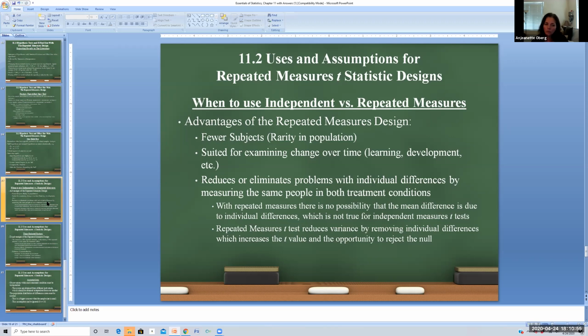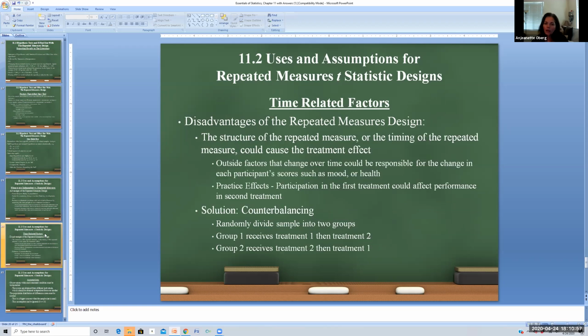In an independent measures design, we don't have to worry about carryover effects from treatment 1 impacting your performance on treatment 2. But in a repeated measures design, I don't have to worry about individual differences between groups, but now I have the problem of carryover effects. So they both have pros and cons.